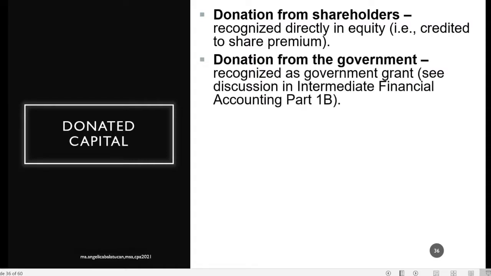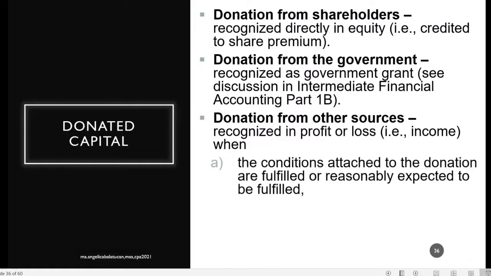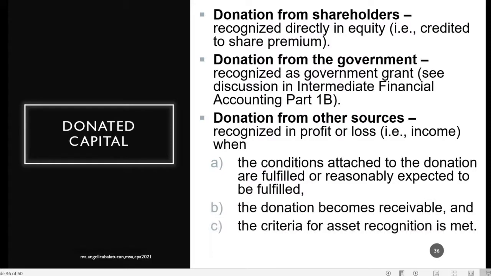Then, it could be from the government, and these are recognized as government grants. And we have donation from other sources, which are recognized as income in the profit or loss when conditions attached to the donation are fulfilled or reasonably expected to be fulfilled, the donation becomes receivable and the criteria for asset recognition is met.